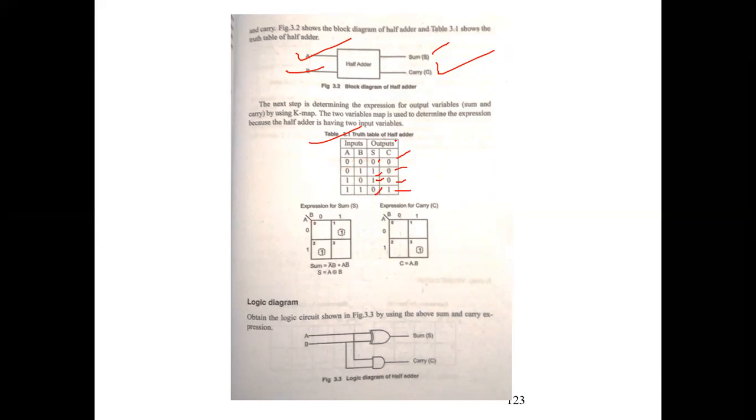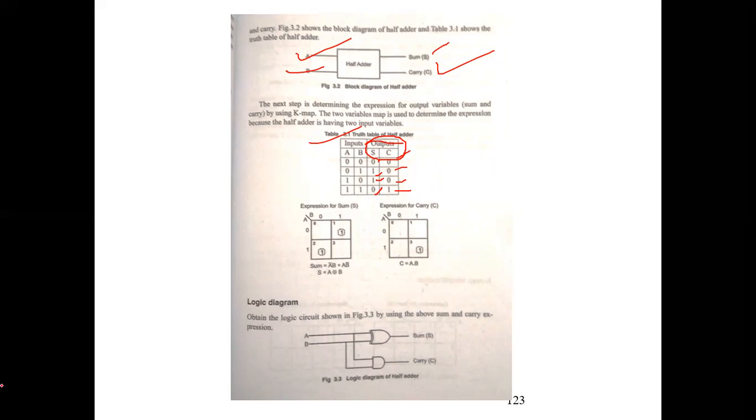Then you have to define the K-map. Most of the students have a doubt: sir, how many K-maps do I have to draw for this? The number of K-maps depends on the number of outputs. If the output is 3, you have to draw 3 K-maps. If the output is 2, you have to draw 2 K-maps.